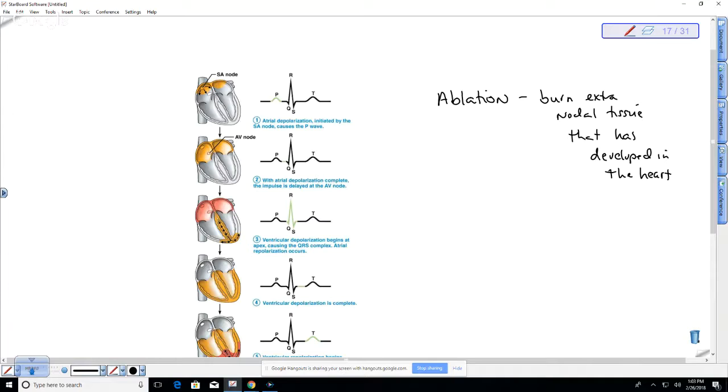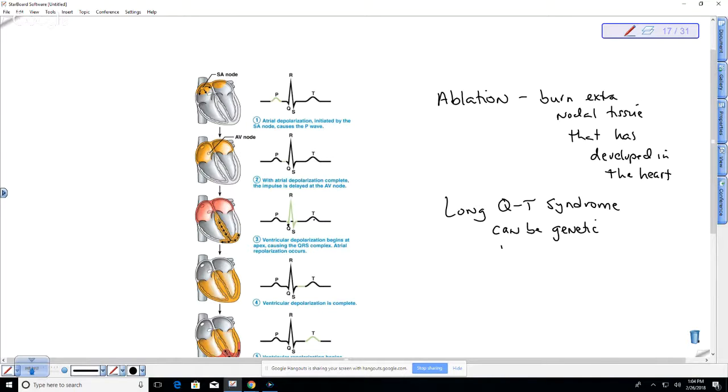And then there's also, in this video, they talk about the long QT syndrome. Long QT means that the distance between Q, which is the beginning of that spike, and T is too large. And this can actually be genetic, so it can run in families.